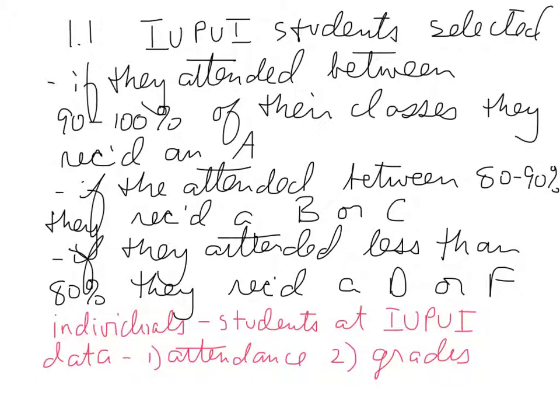So is the data descriptive or is it inferential? Well, I think in this case you can make an argument that it's descriptive because it's describing the students that I selected for this sample at IUPUI. So, again, the individuals were the students at IUPUI. The data is the attendance or the grades. The data collected is descriptive.